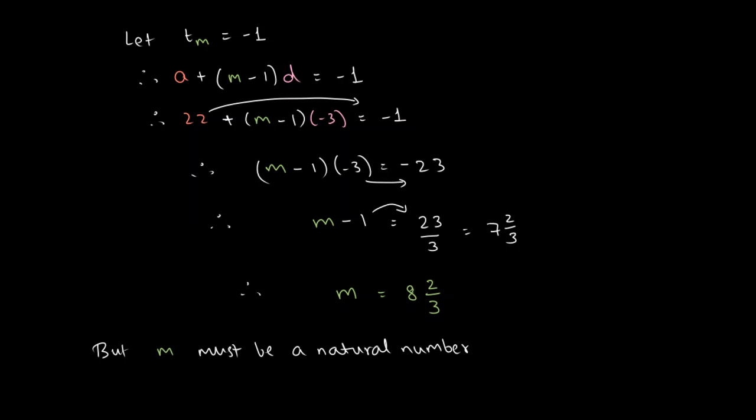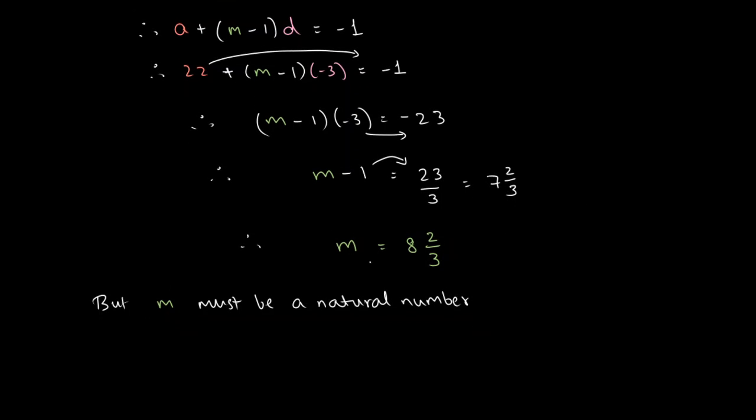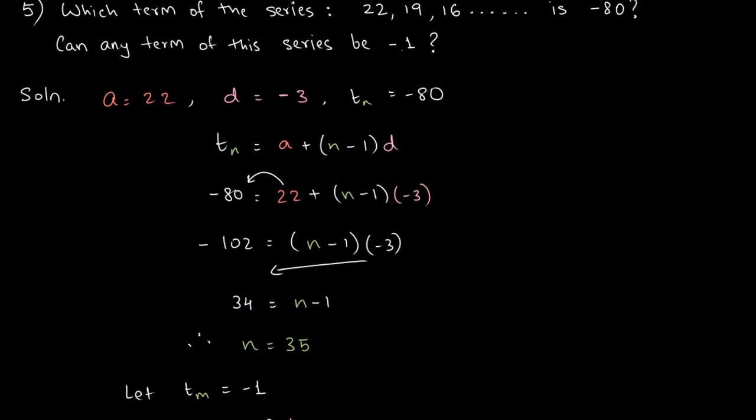There's always a natural number of terms in a progression, and so since I'm getting the value of m as a fraction or a non-natural number, that means that negative 1 is not a term in the arithmetic progression.